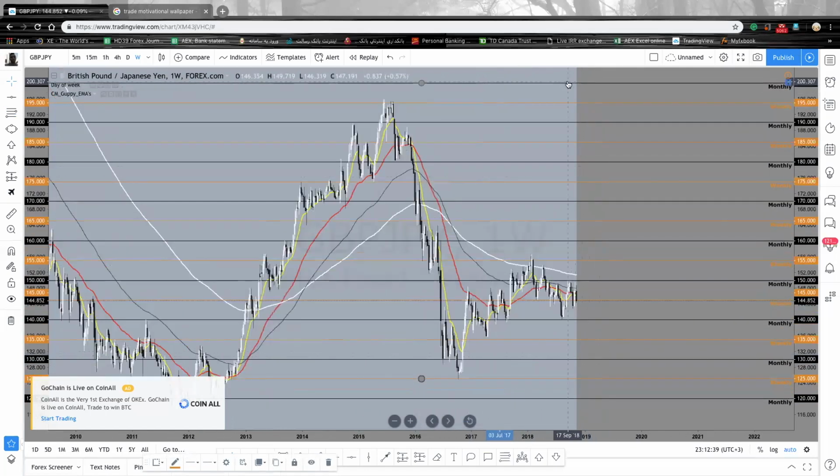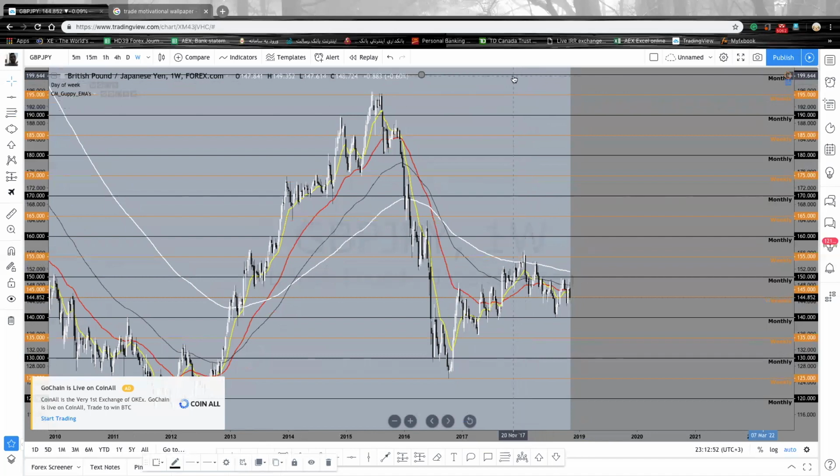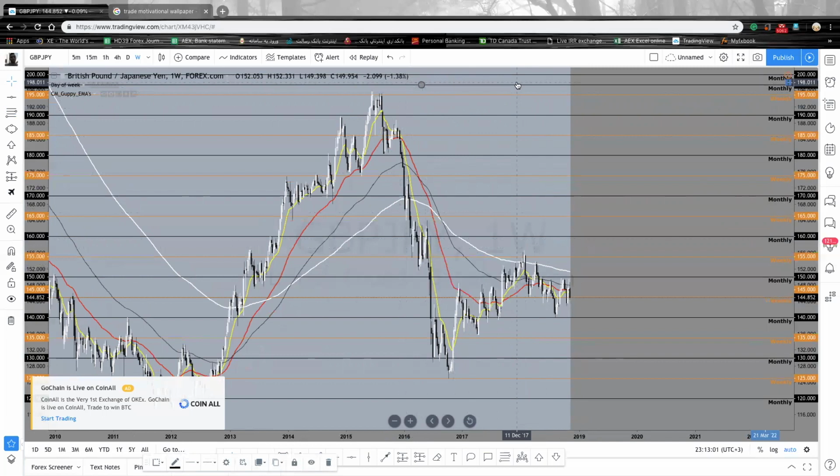And so basically from here to here, the 25 and 75% Fibonacci, which is in the middle of each of these lines, will be our daily levels. So I put one here, which is 197.5. Oops.